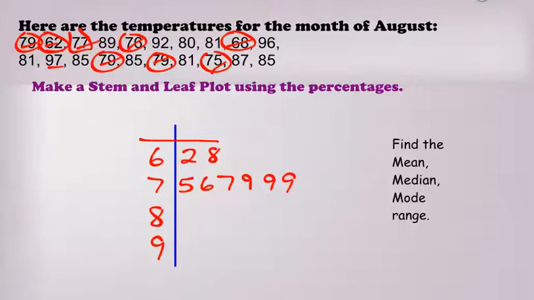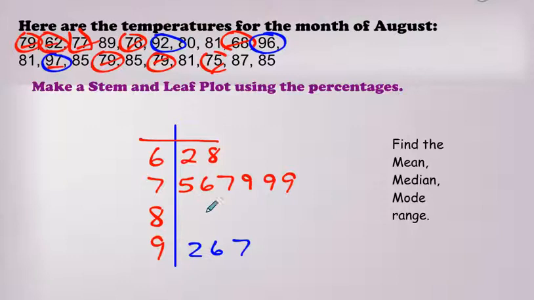Let's look at my 80s now. I got a lot of 80s. You know what? I'm going to do my 90s next because it looks like I have fewer 90s. I only have three 90s: 92, 96, and 97. Whatever's left is my 80s.